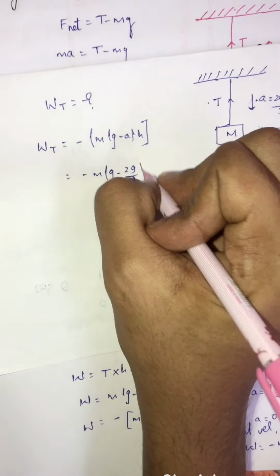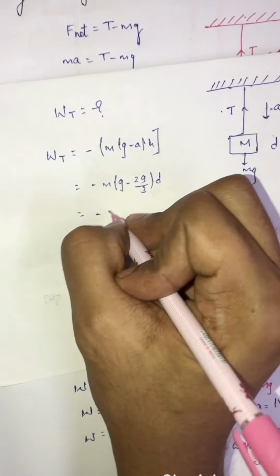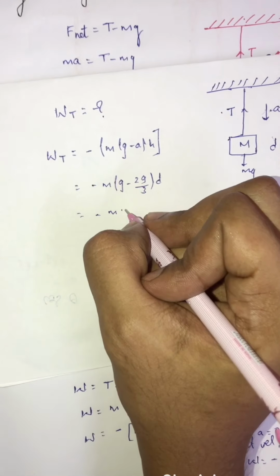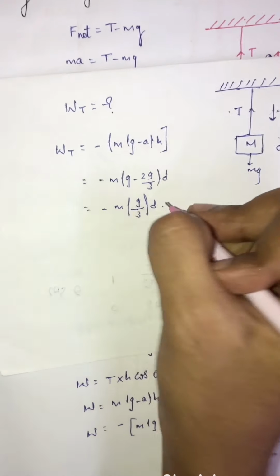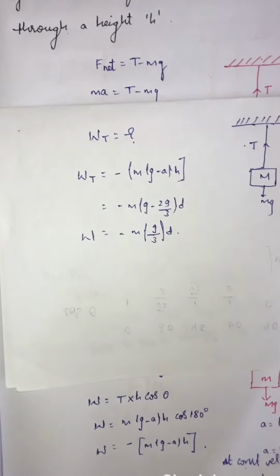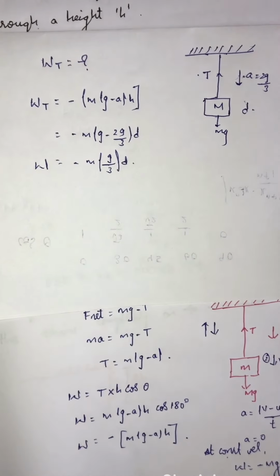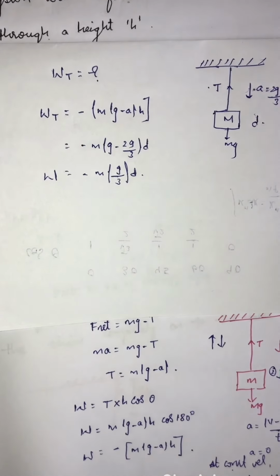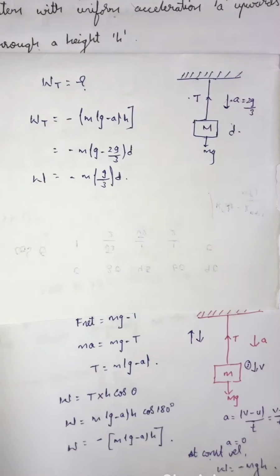So the value will be equal to minus m times (3g minus 2g)/3 into d. So work done in moving the block a displacement of d downward will be equal to minus m times g/3 into d. That's fine.